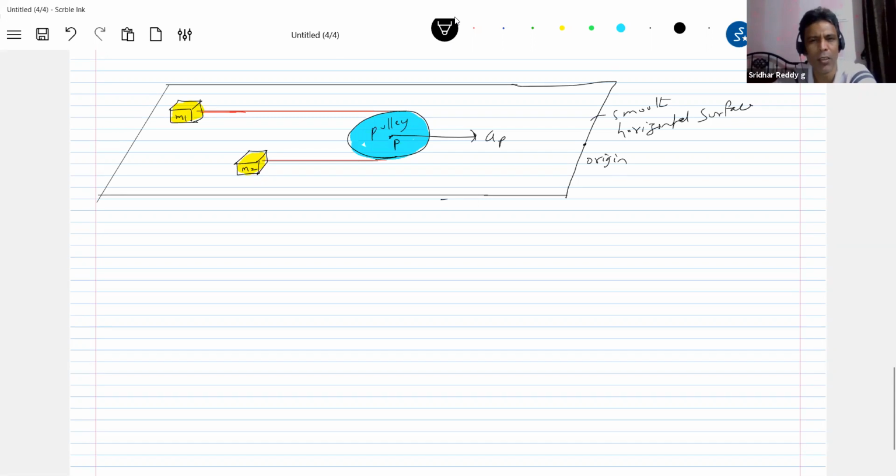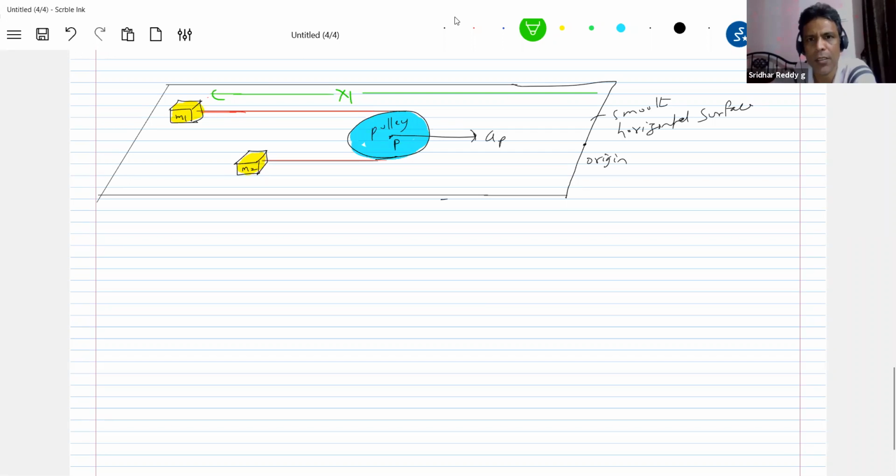Origin, some point on the ground. So I'll define their positions here. The position of the block. Is that okay, no?